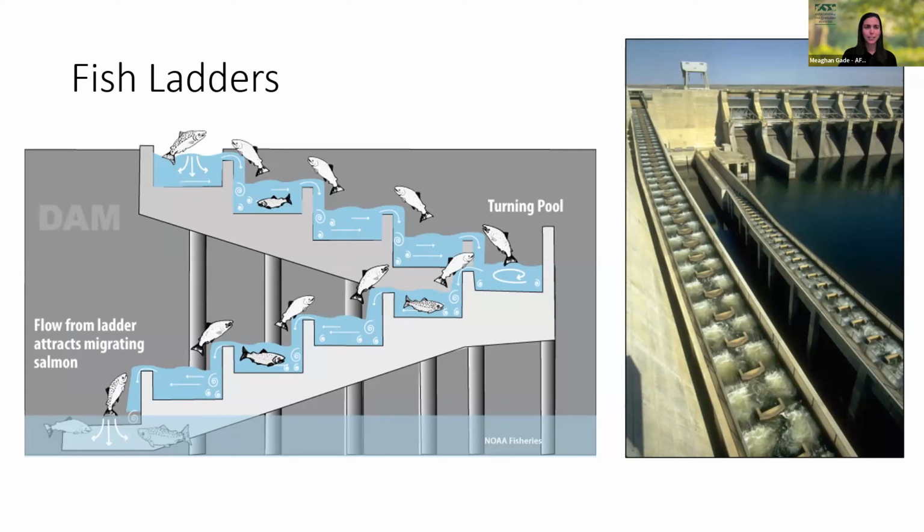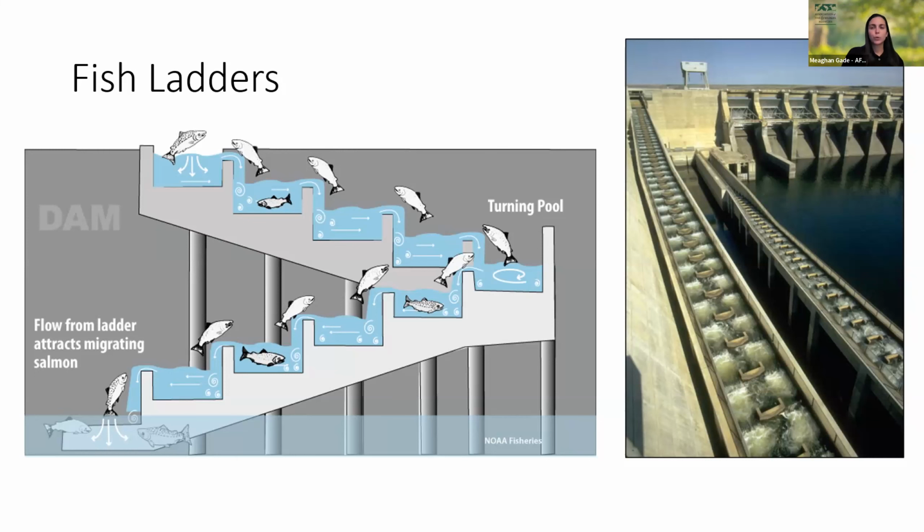There's some more advanced versions of these fish ladders, more like fish escalators, where it actually moves the fish themselves, or you might have heard of fish being shot up and over dams. So there's all sorts of different things, and it tends to work. But this is the idea of getting the fish up and over the turbines, because if they go through the dam and through the turbines, they'll obviously die in the turbines themselves.